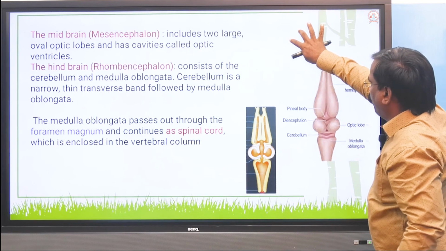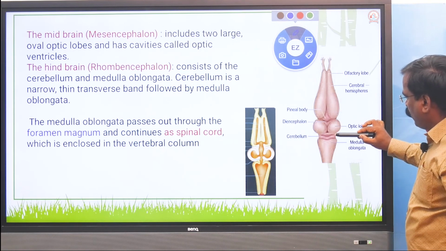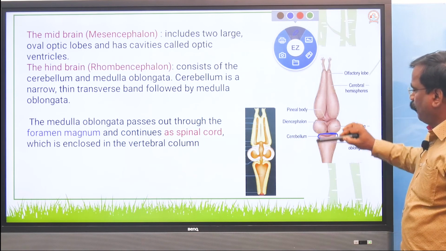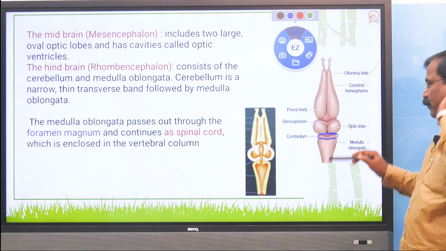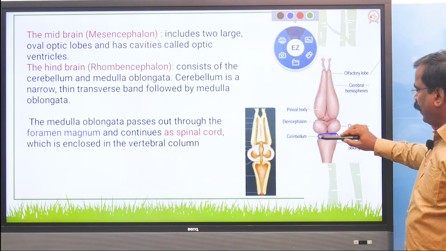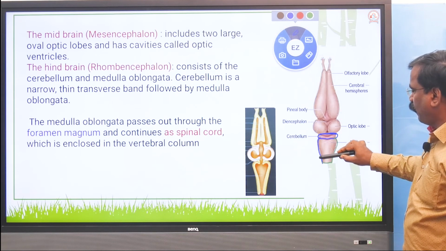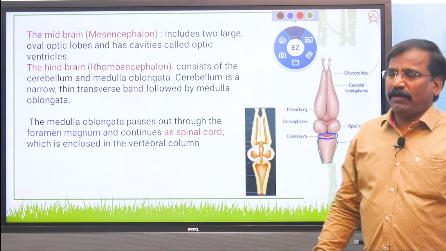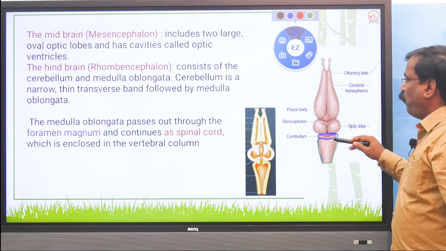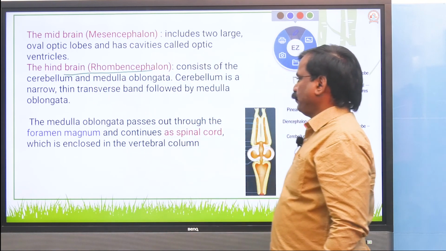The cerebellum is in between, at the back, behind the optic lobes. And the stalk-like continuation is called the medulla oblongata. The cerebellum and medulla oblongata form the hindbrain or rhombencephalon.